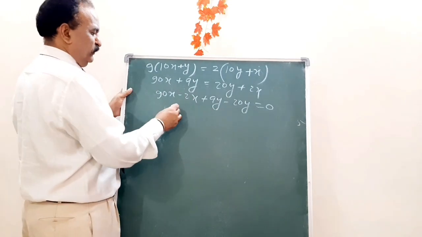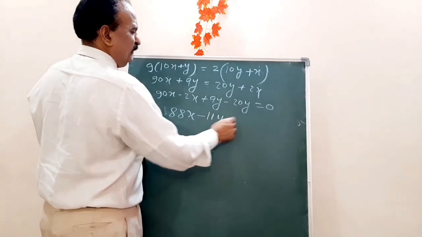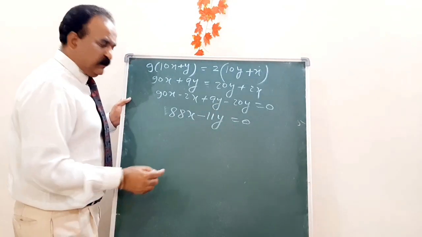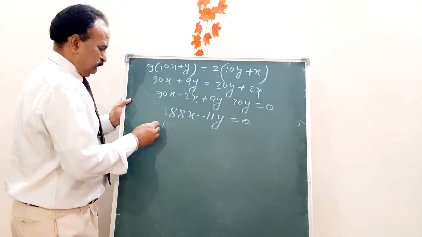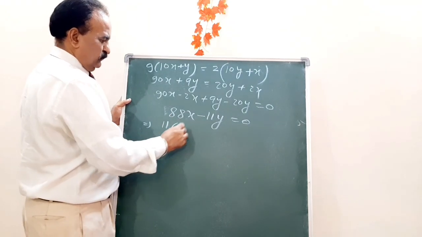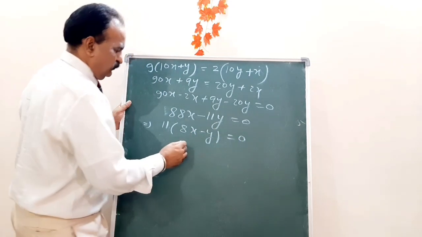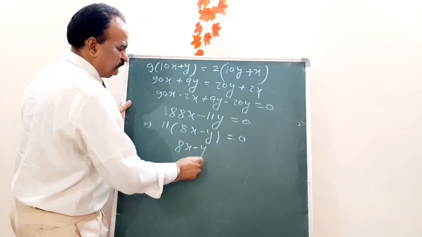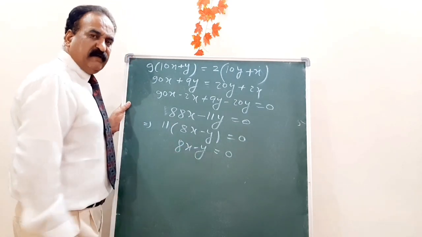Now 90x minus 2x is 88x, minus 11y equals 0. You can take 11 common: 8x minus y equals 0 upon 11, which means 0. So 8x minus y equals 0.